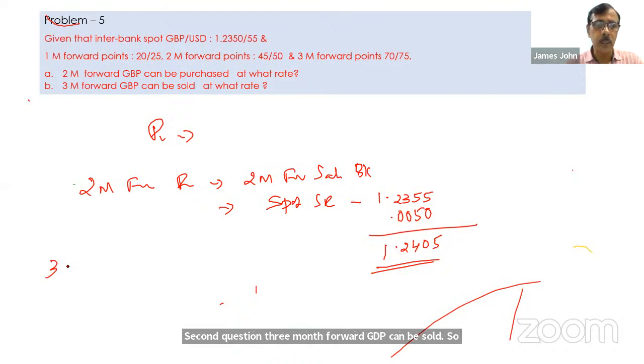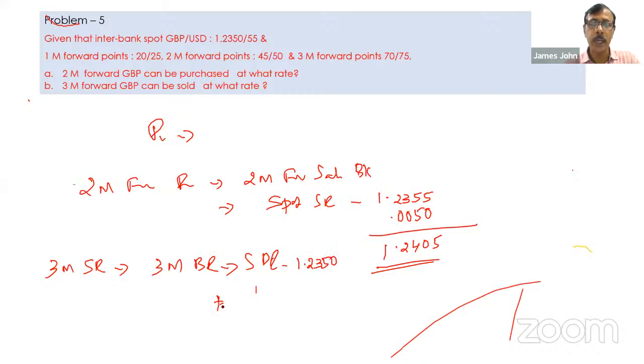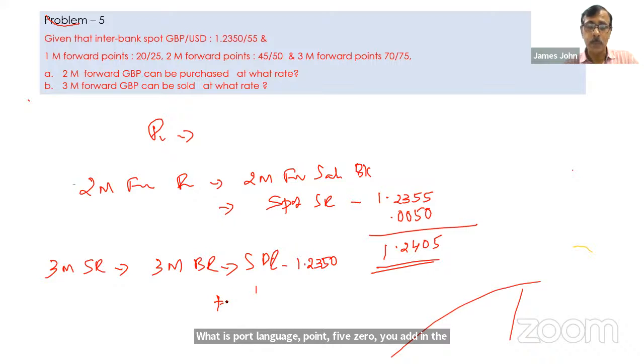Second question, 3-month forward GBP can be sold. This is the 3-month selling rate for the customer, and for the bank it is the 3-month buying rate. For the 3-month buying rate, you take the spot buying rate. What is the spot buying rate? 1.2350. When the currency is at a premium and it is a buying transaction for 3 months, you take only 2 months, up to the previous month.